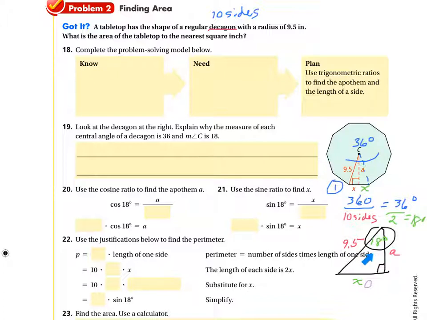Because that would be 2 unknowns. I need to use the 9.5. So the 9.5 is what in comparison to the 18? It's the hypotenuse. So what ratio uses opposite and hypotenuse? Some old hippie, right? So sine. So this right here is going to be used to find x.